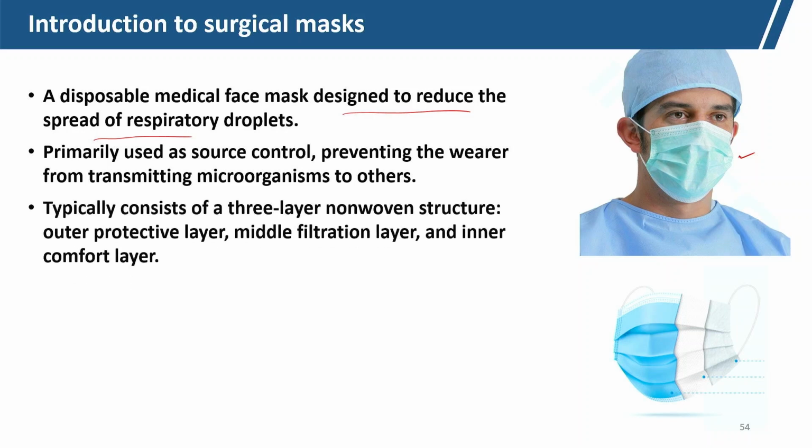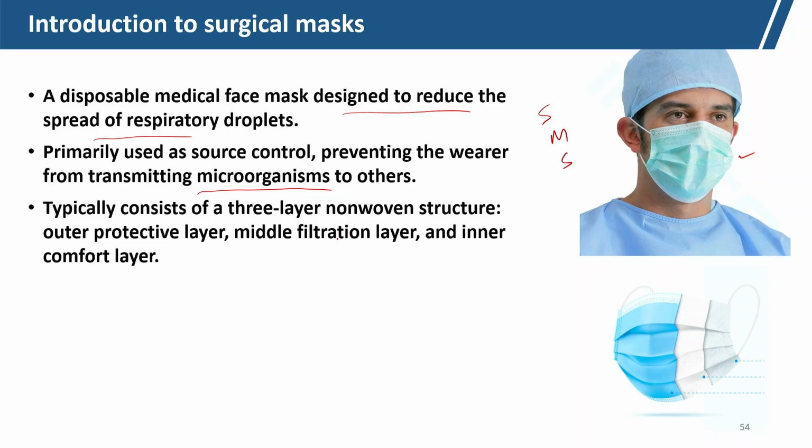And an infected person, one with a cough, should wear this type of surgical mask. It typically consists of 3 layers of non-woven. So, again it is a spun bonded, melt blown, spun bonded structure.